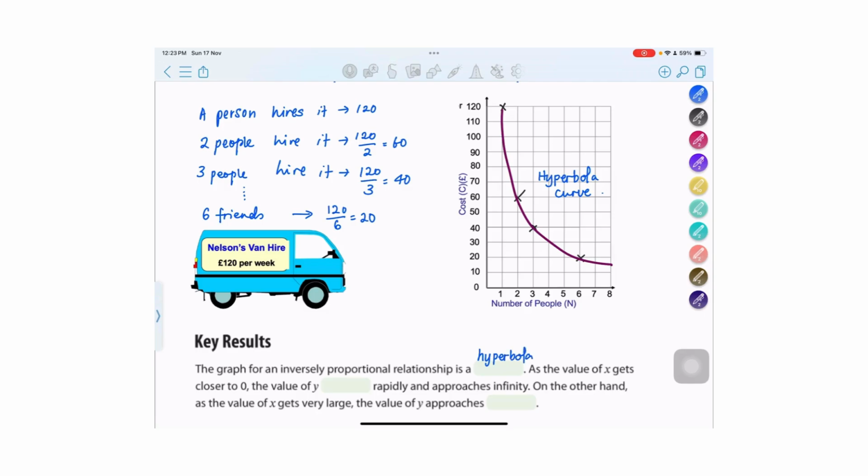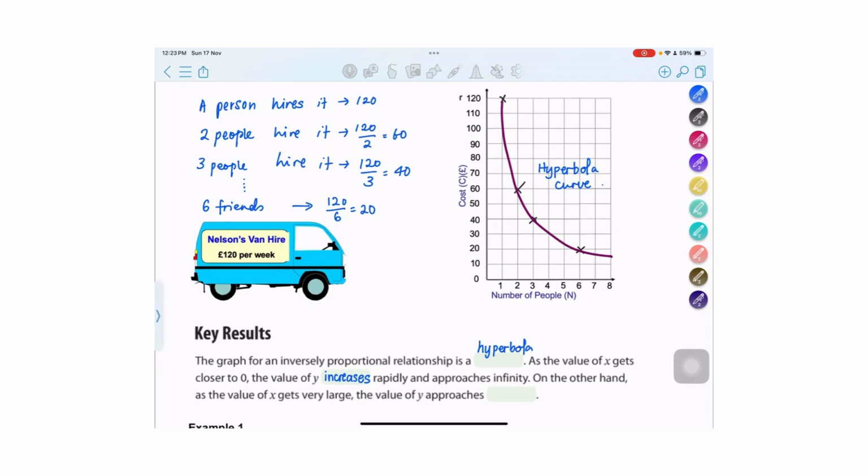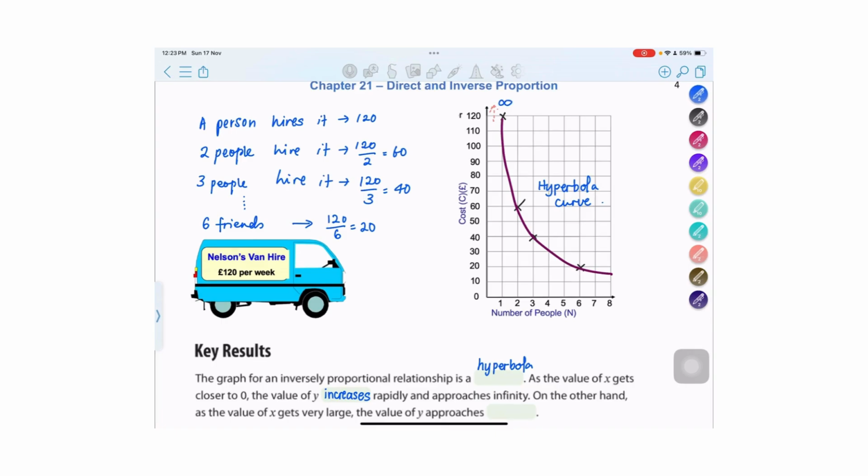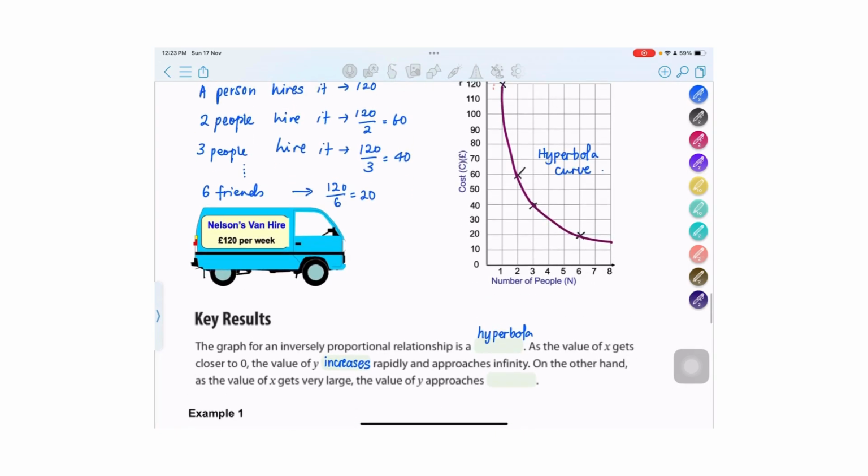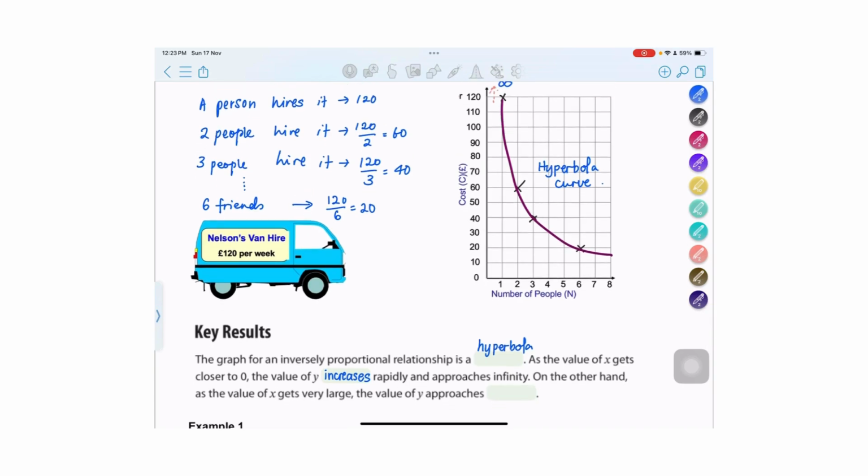As the value of x gets closer to 0, the value of y increases rapidly and approaches infinity. You can refer to the above example. If I have fewer people, it will approach infinity from this side. On the other hand, if the x value is getting larger, that means the number of people is getting more.